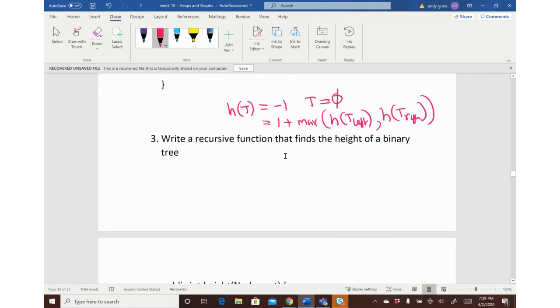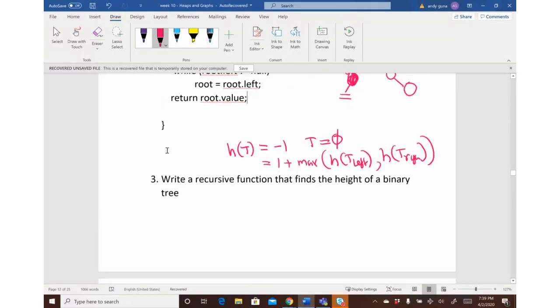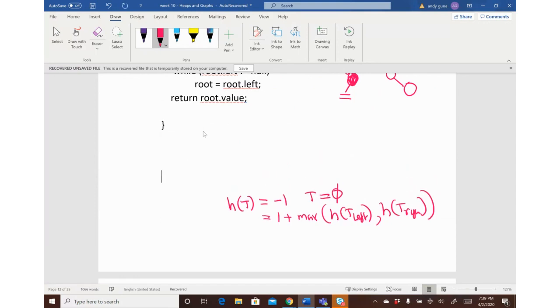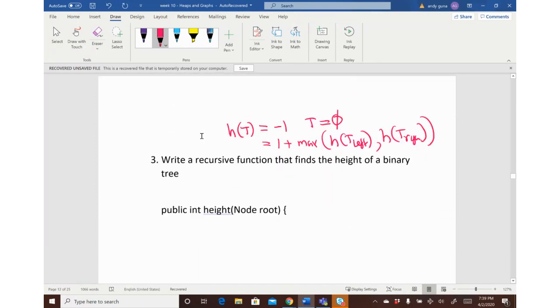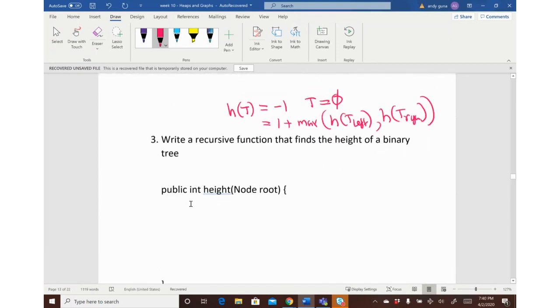So if you keep that in mind, I'm just going to scroll down a little bit here. Okay, so let's convert this to some recursive code. This code says that if root is null, return -1.